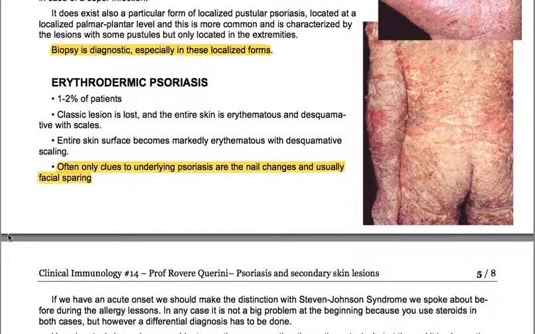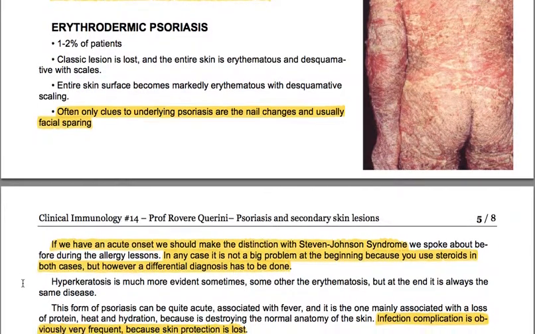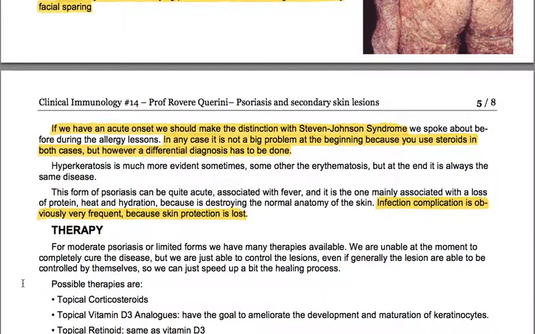If we have an acute onset, we should make the distinction with Stevens-Johnson syndrome, which we spoke about before during the allergy lesson. In any case, it is not a big problem at the beginning because you use steroids in both cases, but however a differential diagnosis has to be done. Hyperkeratosis is much more evident, sometimes with some other erythema, but in the end it is always the same disease.